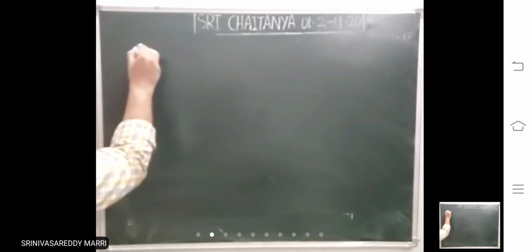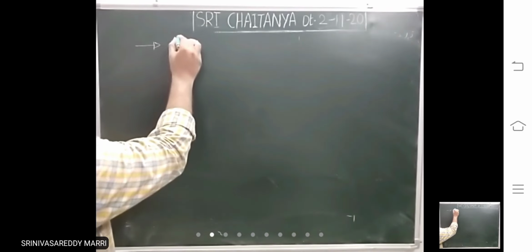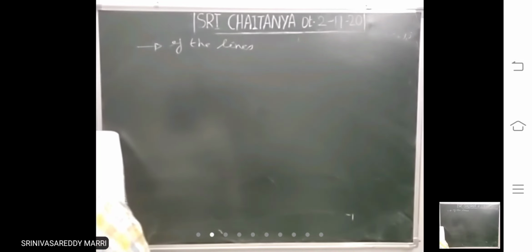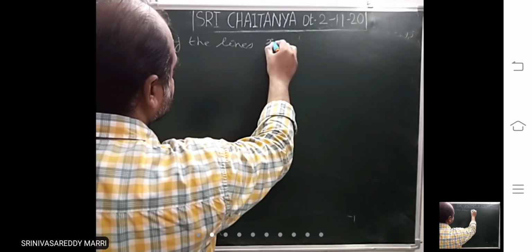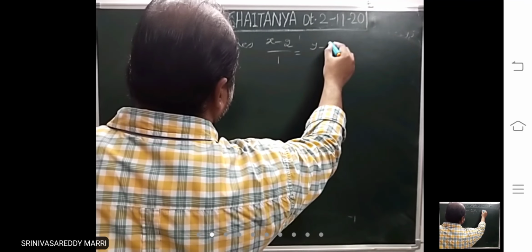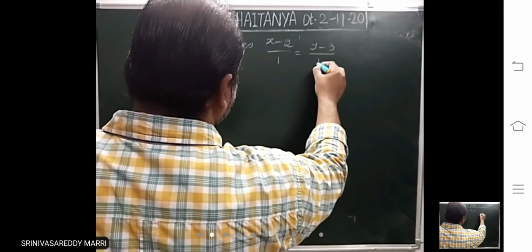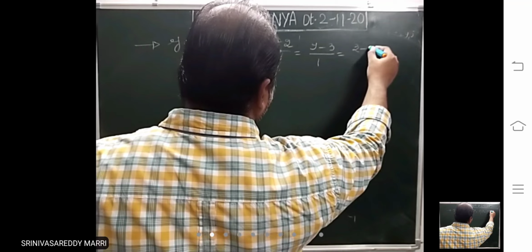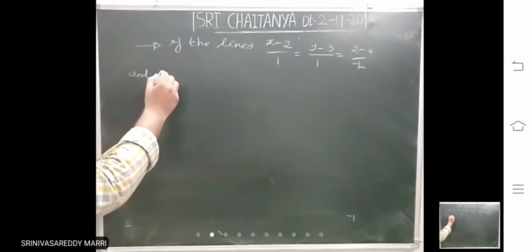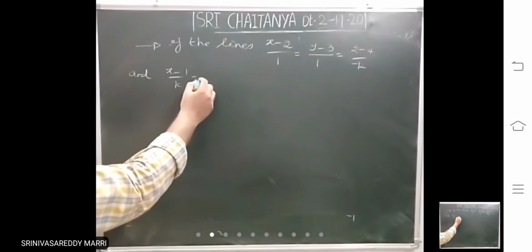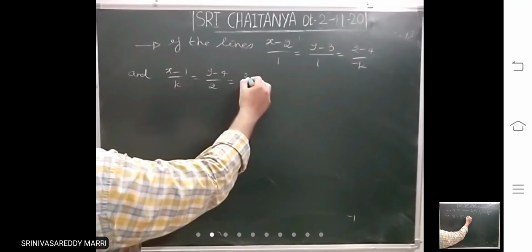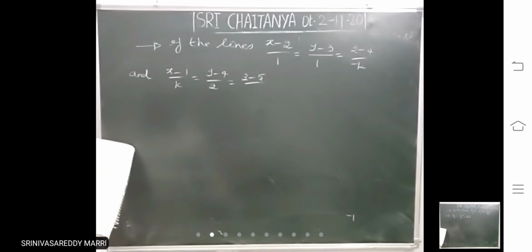Regular models in the exam, Mains or IIT, they will ask like this. If the lines (x minus 2) divided by 1 equals (y minus 3) divided by 1 equals (z minus 4) divided by minus k, and (x minus 1) divided by k equals (y minus 4) divided by 2 equals (z minus 5) divided by 1.